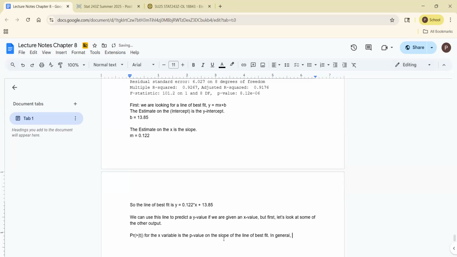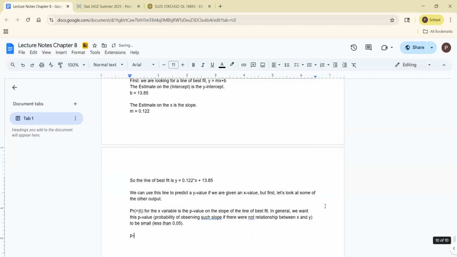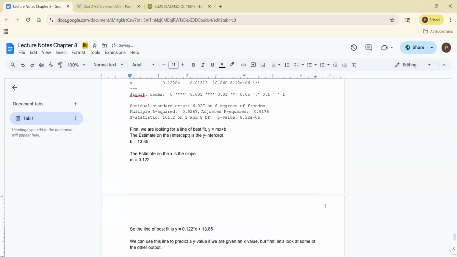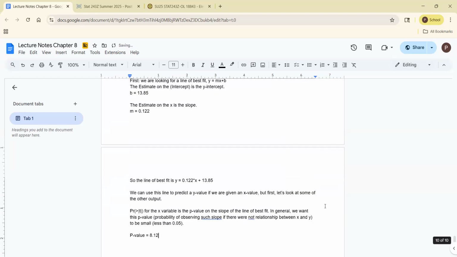In general, we want this p-value, remember, the probability of observing such a slope if there were no relationship between x and y, to be small, less than 0.05. In this case, our p-value is 8.112 times 10 to the minus 6, which is very close to 0.